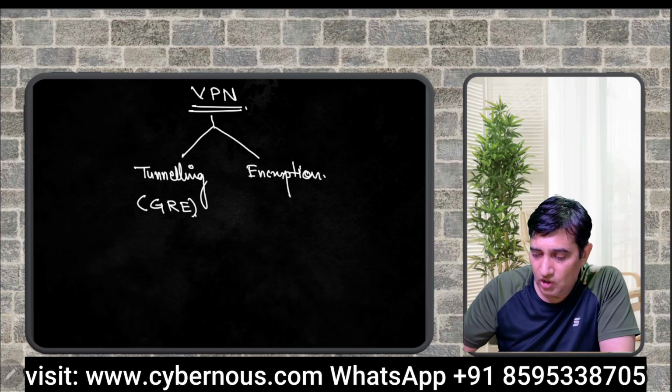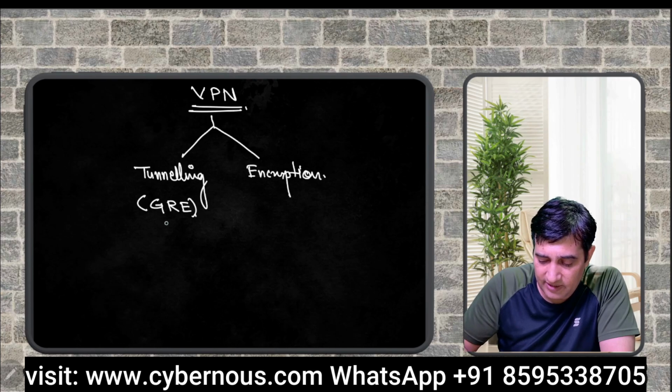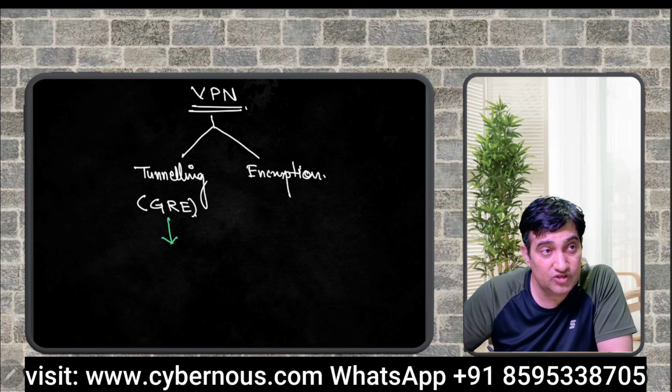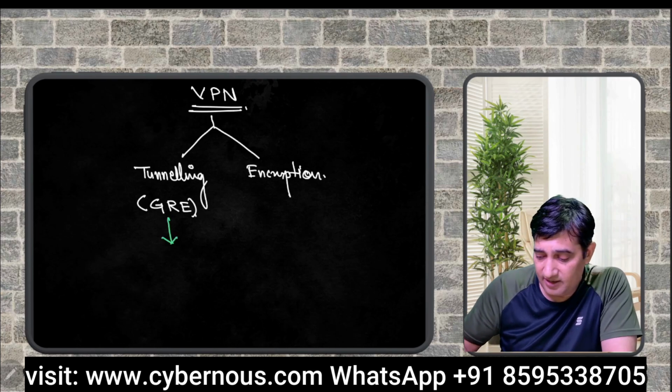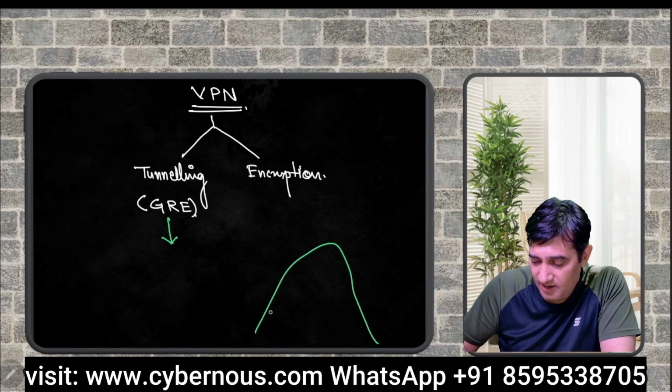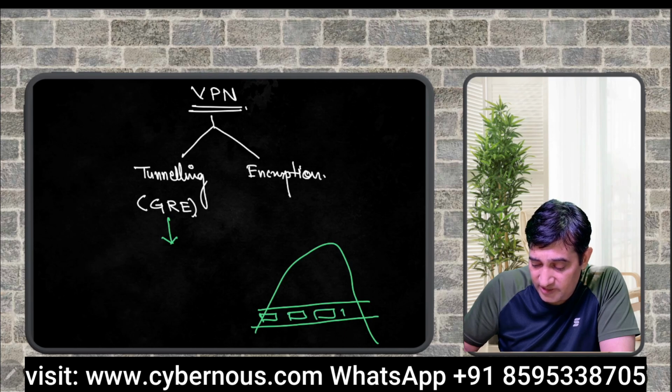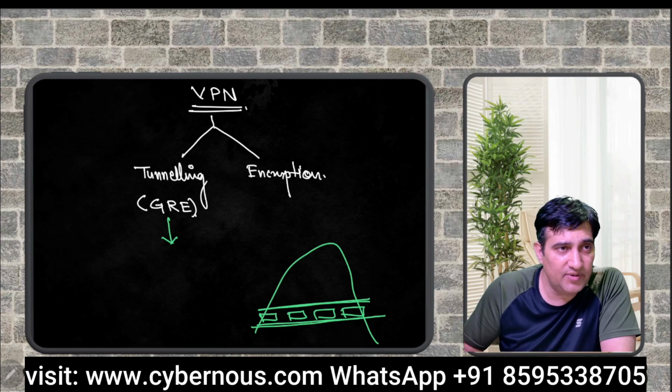At the same time, just tunneling something is not secure. It's like you have a big mountain and you have created a tunnel out of it. Now people are going, your vehicles are going, but there is no safety. Even though there is some level of safety, it's not completely secure.